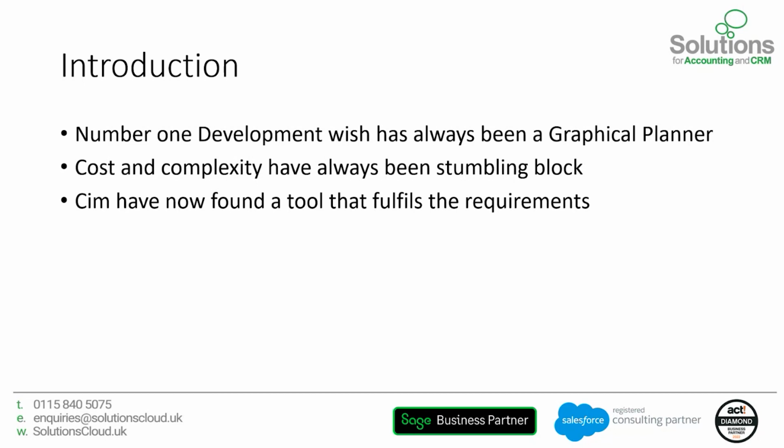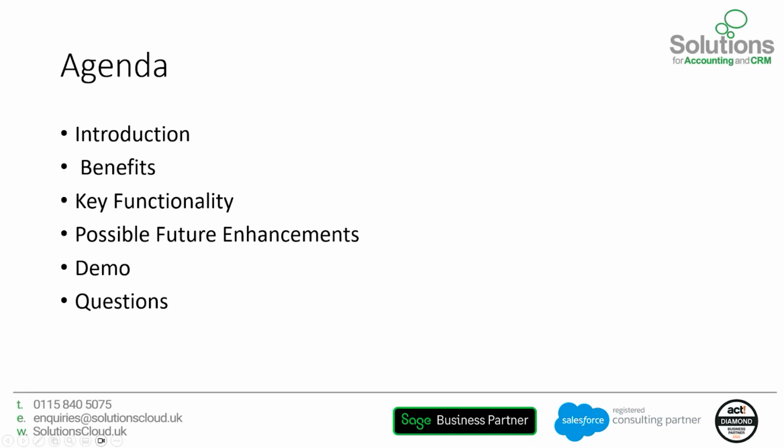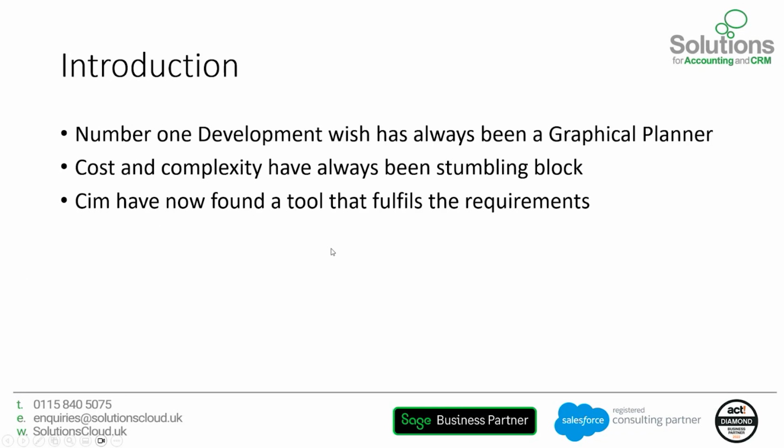So one of the challenges of scheduling software is that some of the scheduling software that is available is either very expensive or incredibly complicated. Some of you may remember in the old Sage 50 manufacturing module, Sage had integrations with a piece of software called Preactor as a planning tool.